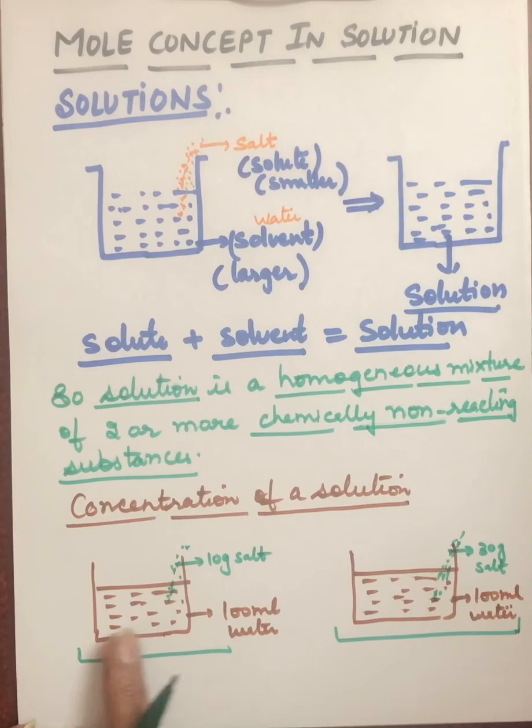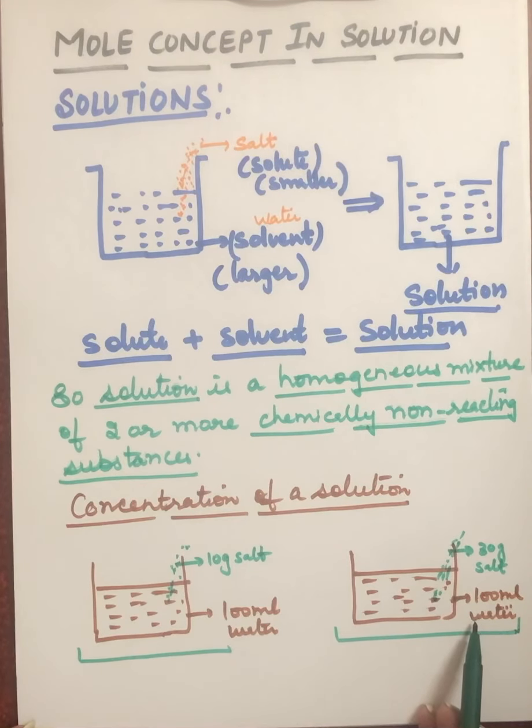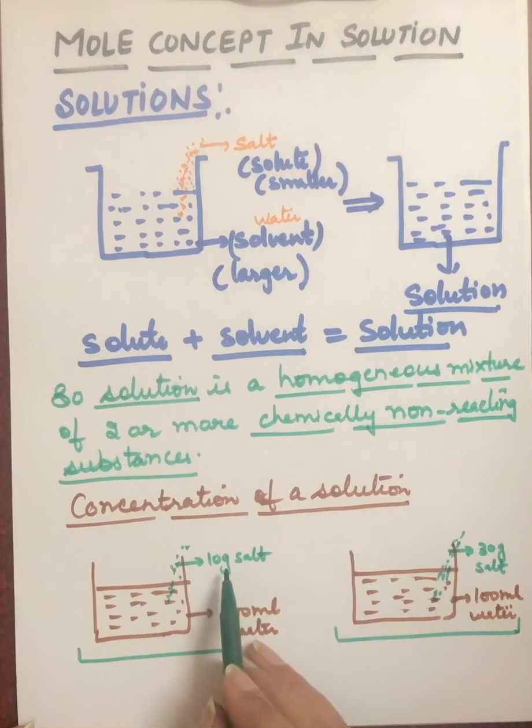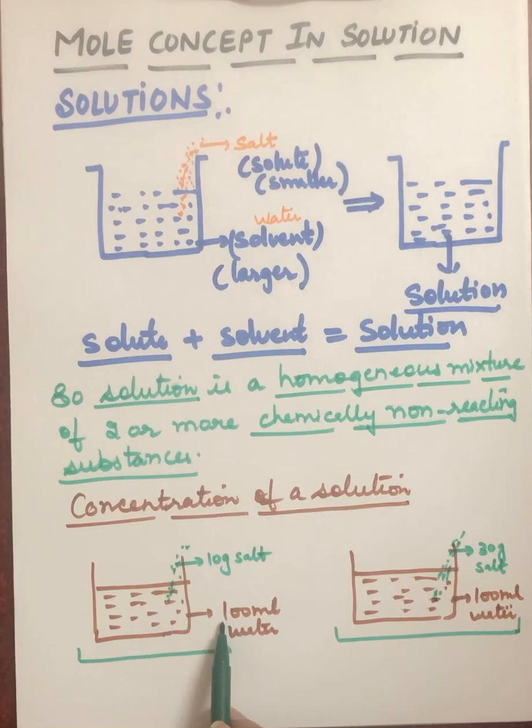So like this we can vary the concentration of solutions by varying the amount of solute or the amount of solvent. If less solute is there and the amount of solvent is the same, that solution is dilute. If we keep adding more salt into the solvent, its concentration will keep increasing. Or if we decrease the amount of the solvent, then also the concentration of the solution will increase.